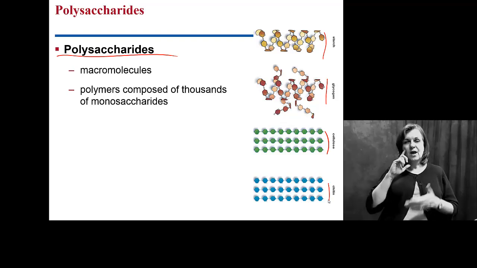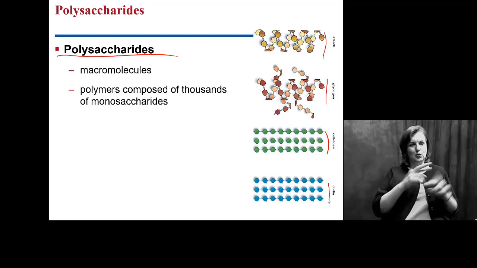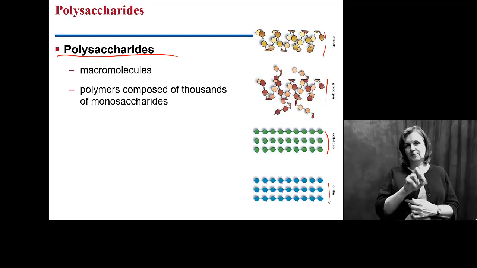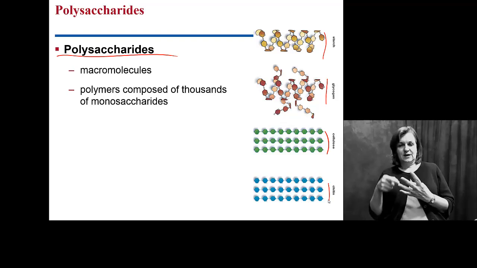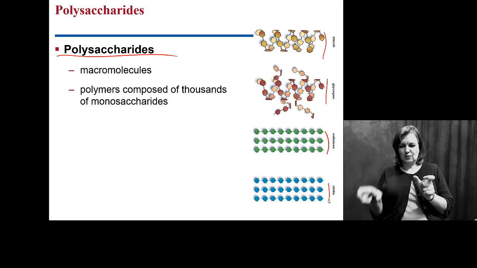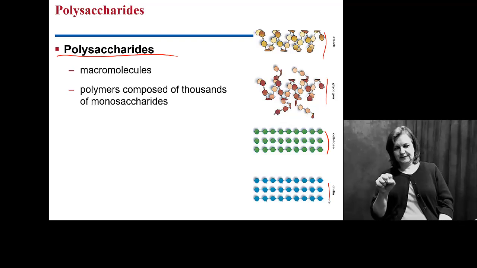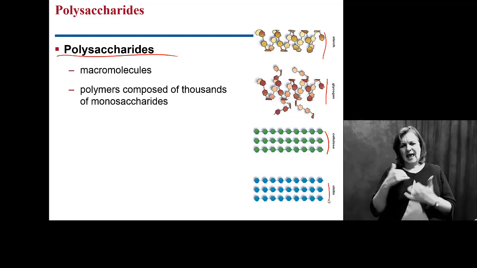Now, you see that these structures are much more complex than that 2-carbon ring polymer that I showed you a minute ago. In some cases, we're talking about the polymers being composed of thousands of monomers. So we have to think then, what is their function?